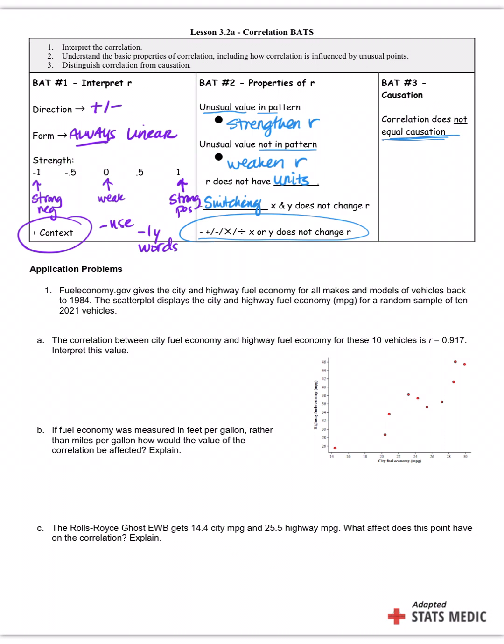Does that mean the hotter it gets, the more ice cream is going to be sold? Does the temperature cause the ice cream sales to go up? No, even though it might make some logical sense, you can't say cause. All right, so be careful for the word cause. The only time you can use causation is when you've done a hypothesis test on an experiment, okay?